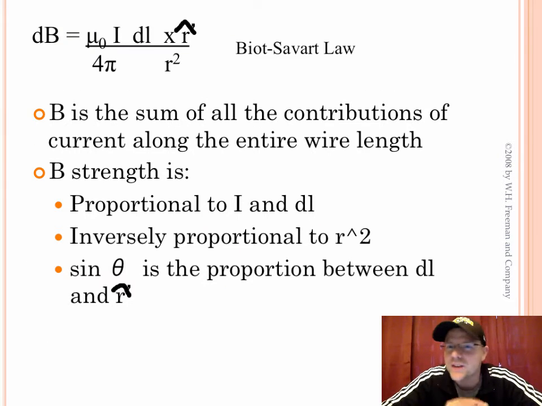The magnetic field strength is the sum of the contributions of all the current along the entire length of the wire. Meaning, if you look at that formula up there, we've got the mu0 over 4 pi, we've got the current, and the dl being our current element. Remember, the current times the length of that wire.